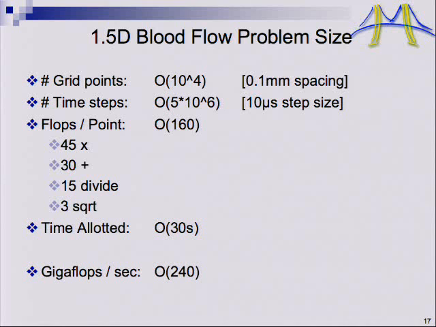We've got about 5 million time steps to take, and these are the number of calculations per point. We've got 30 seconds to do the blood flow analysis part, and that lays out the performance of this. It's about a 300-fold performance increase from where we are now, which we think is doable.